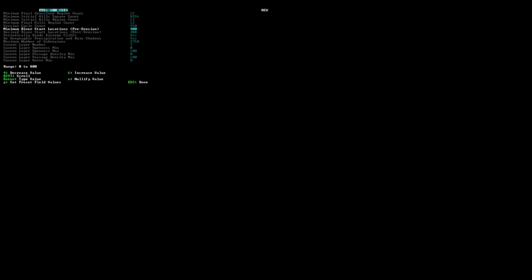The worlds will be rejected if they fail to meet these numbers. As with the minimum biome counts, raising this number doesn't automatically create this many riverheads. This is just a check. So, we want 400 pre and post river head locations.